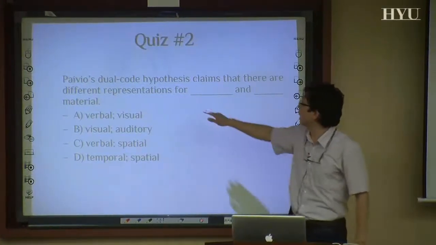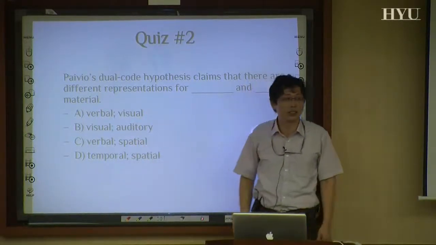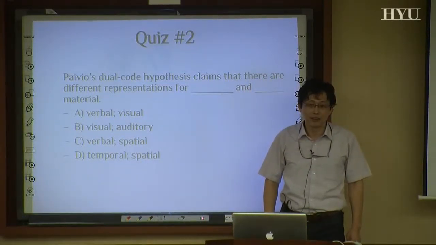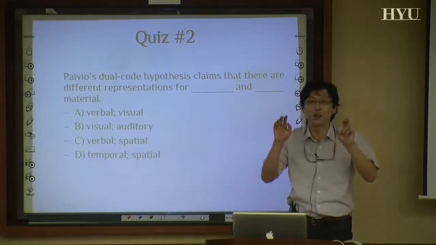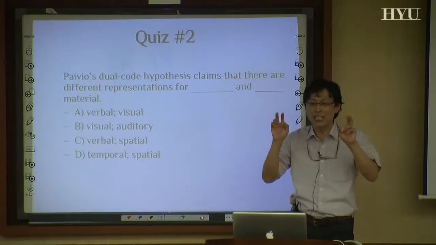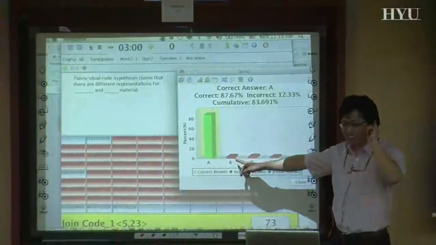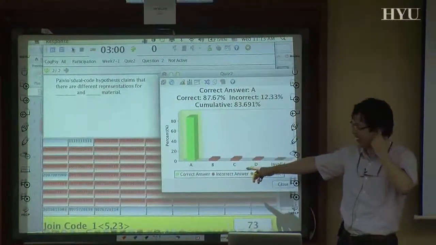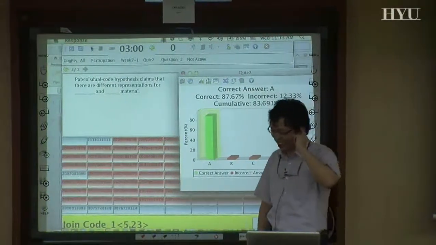But knowledge representation is in different ways: A, C, D. Get it? B is not the answer. See how smart you are. If someone clicked B, I said B is not the answer. You never listen to me. B is not the answer.